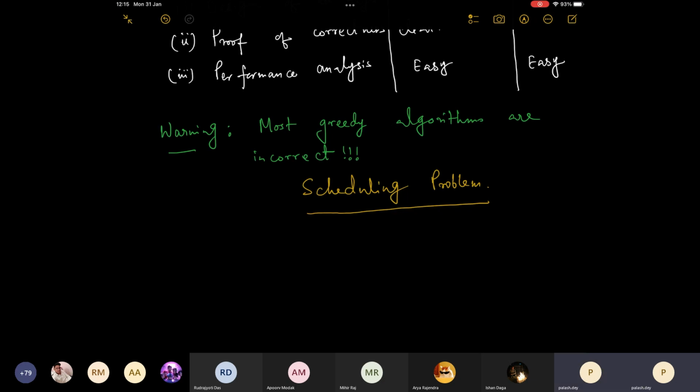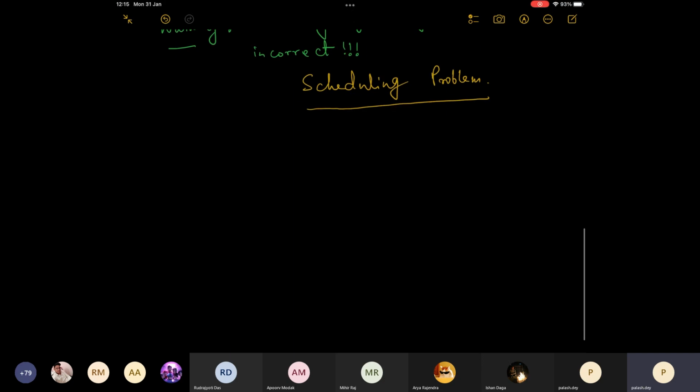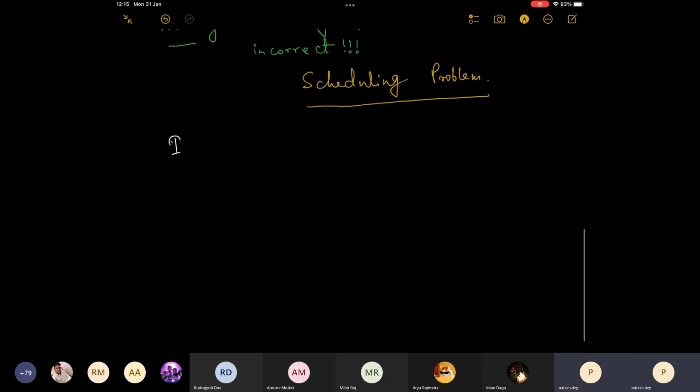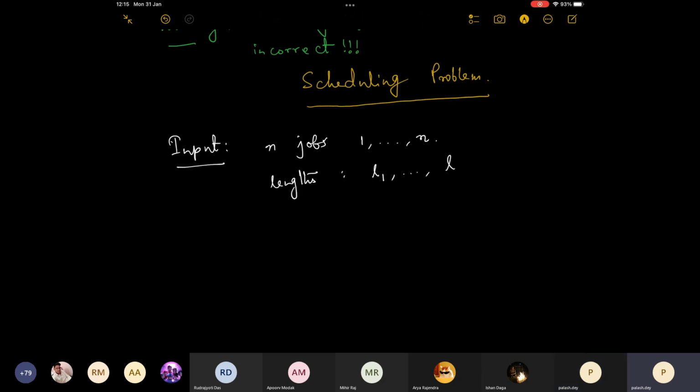Okay, so what is this problem? The input is n jobs, say 1 to n, these are the names of the jobs, and their lengths L1 to Ln.